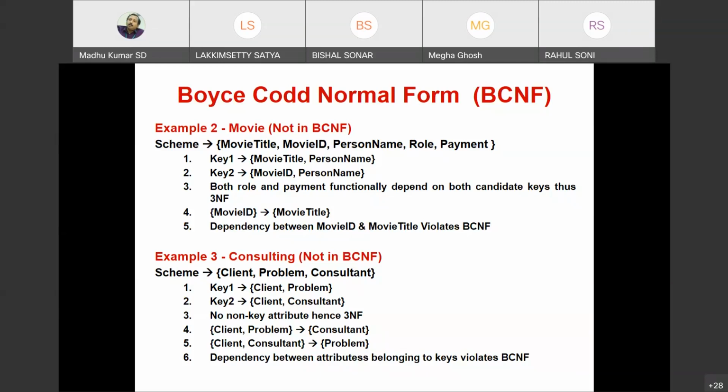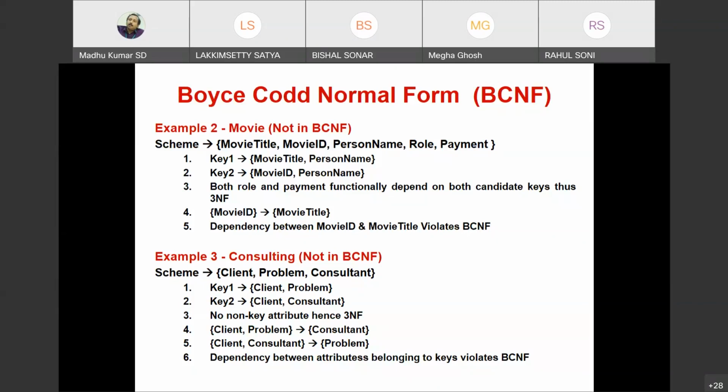You mean there cannot be any composite keys? Like movie ID, person name, there cannot be a key? No, sir. It can be a key, but any non-prime attribute must not depend only on a composite key.